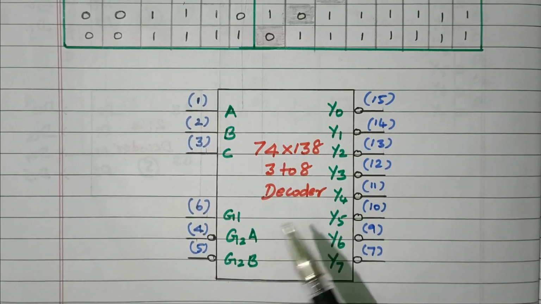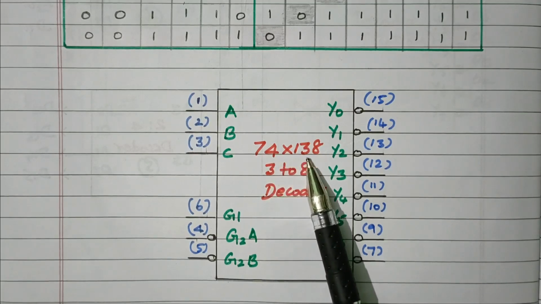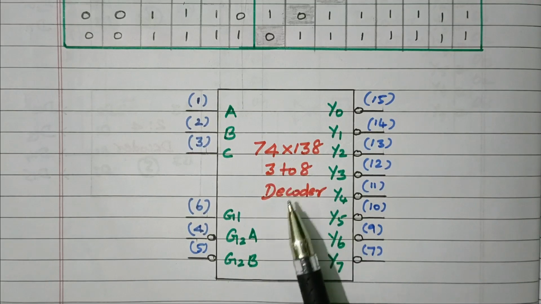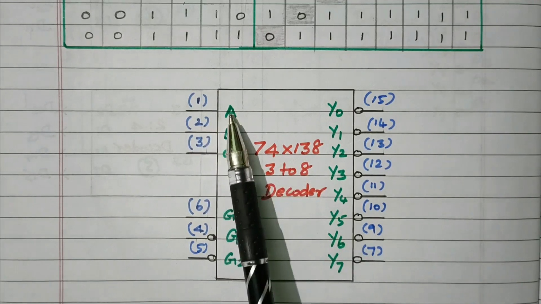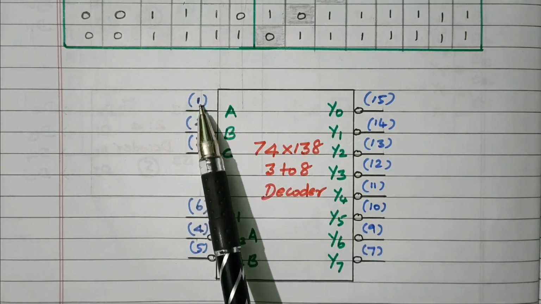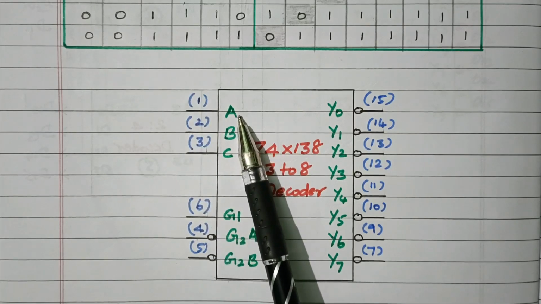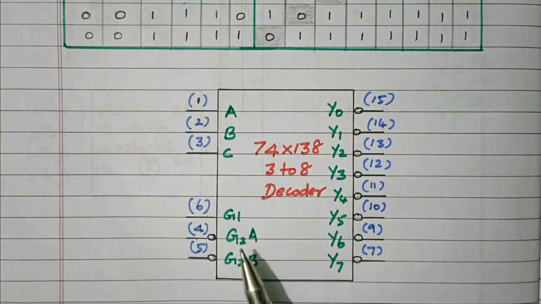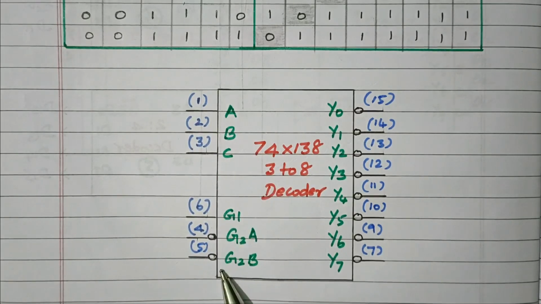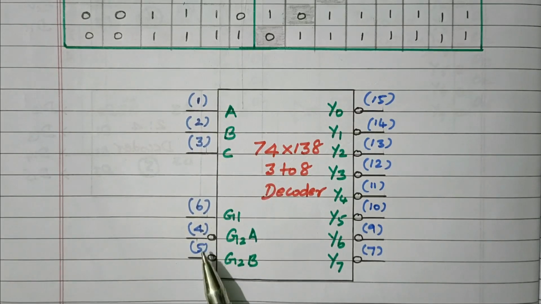So this is the pin diagram of the 74X138 IC, the 3 to 8 decoder. There are three inputs A, B, C with pin numbers 1, 2, 3. There are three enable inputs available. Pin numbers are 4, 5 and 6.